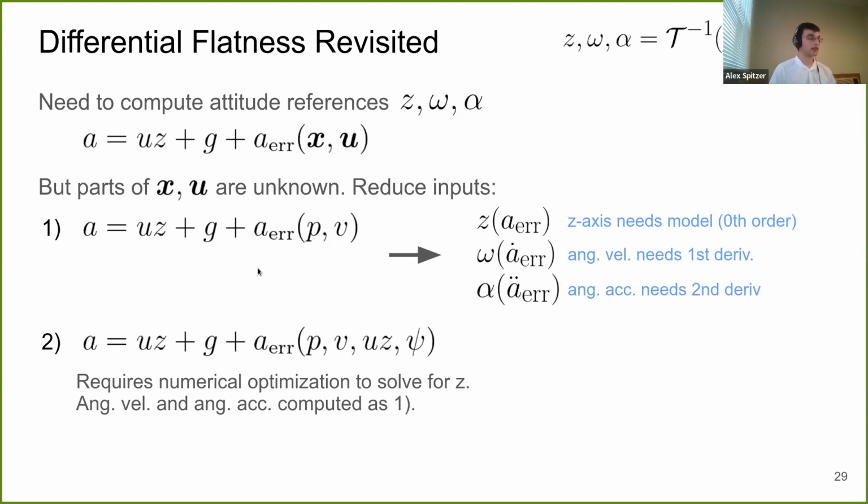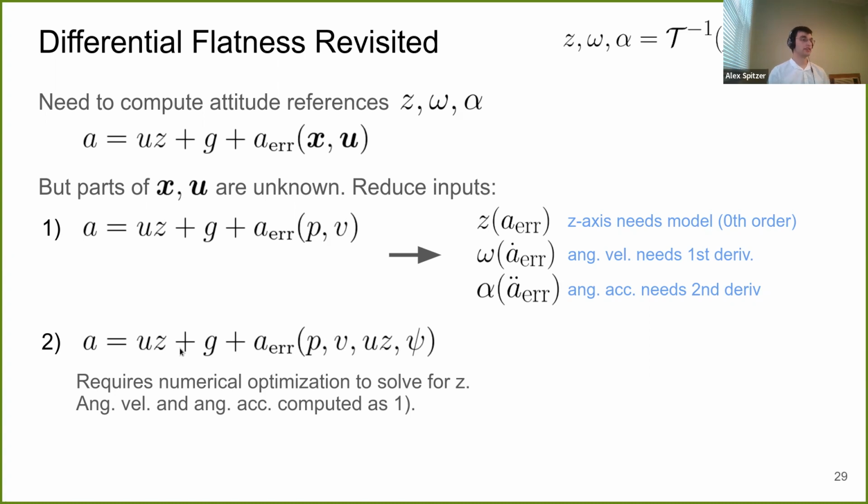There's a slightly more complicated setup, where we can include u in the acceleration error, but we need numerical optimization. Because this is a nonlinear model, you can't solve for uz analytically. We run a numerical optimization routine that ends up being fast enough to solve online. This allows us to compensate for disturbances that depend on the input, which I think is really cool.